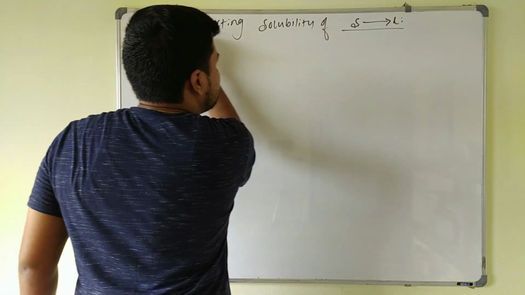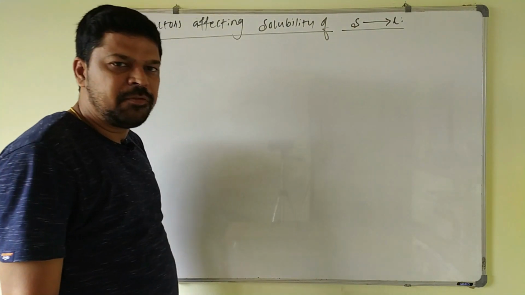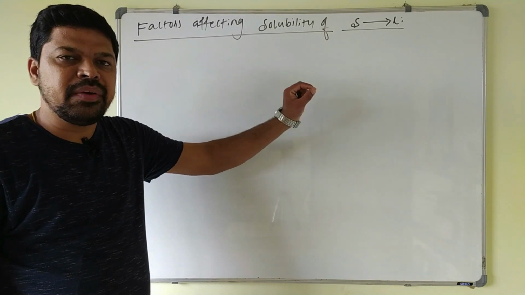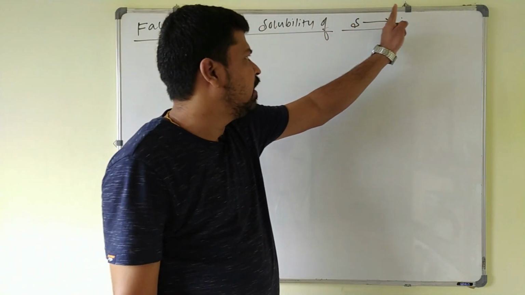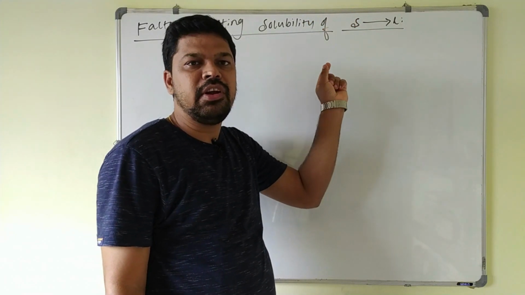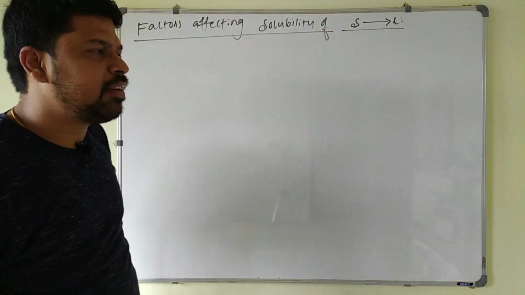Here solid is added to the liquid. The first point is nature of the solute and the solvent. They will affect the solubility of solid in the liquid. Liquid is the solvent and here solid is the solute. Solute is that which is added to the liquid here.